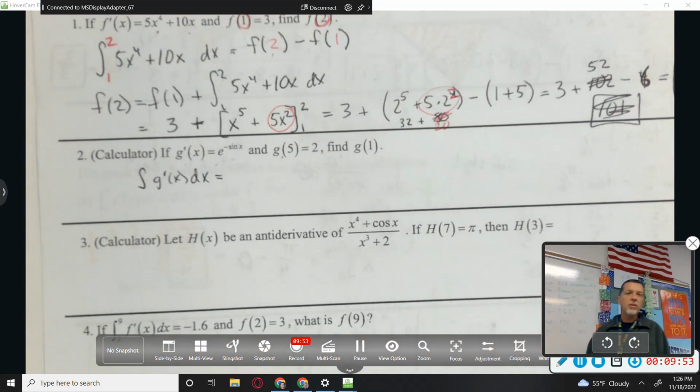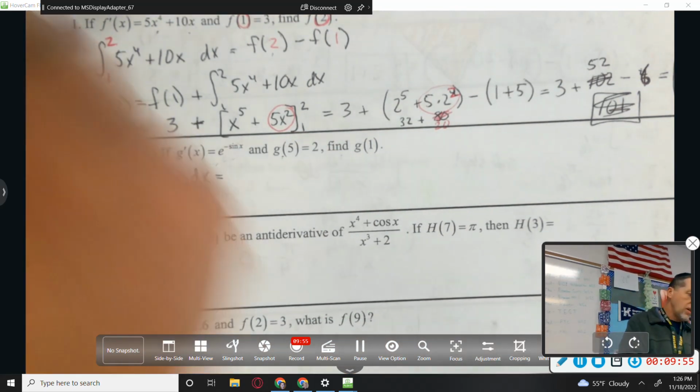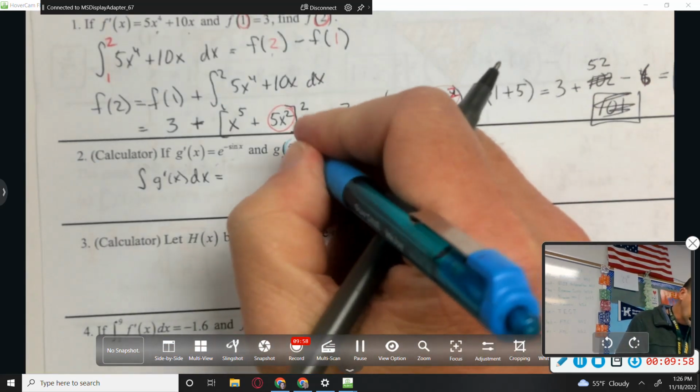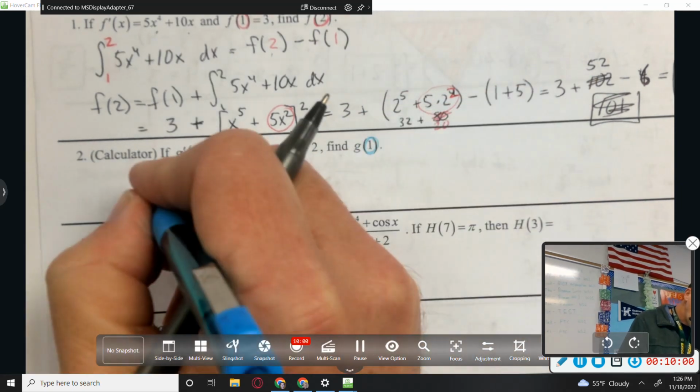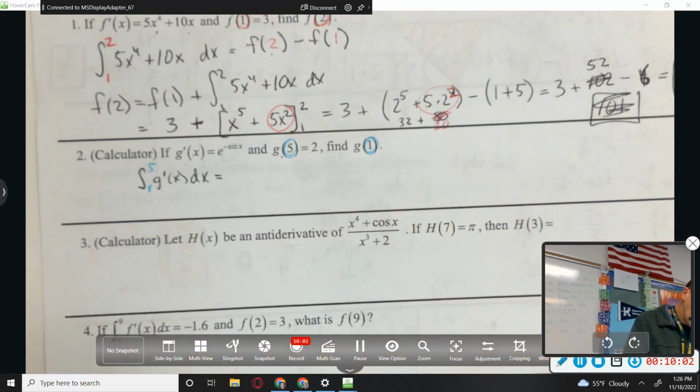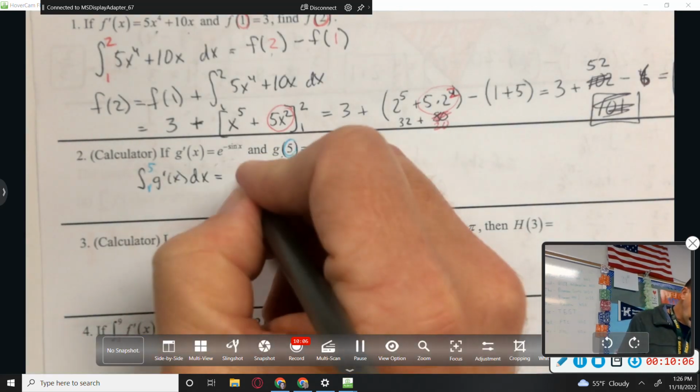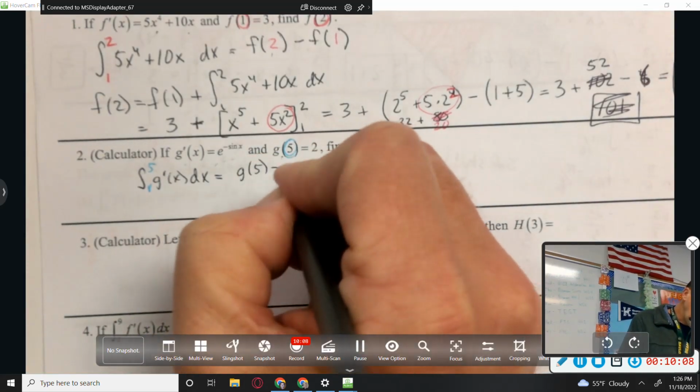But what limits do I want to use? 1 and 5. I got to use my x values. So the integral from 1 to 5, that would be g of 5 minus g of 1.